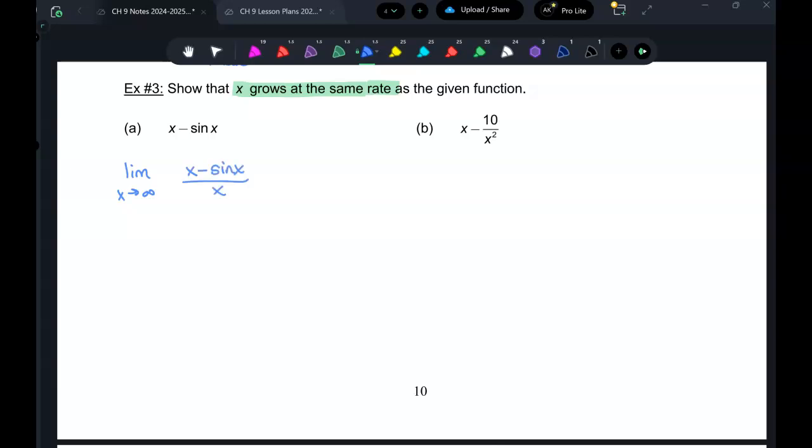I'm going to rewrite this: x over x minus sine x over x. Well, this one is just going to be 1, and this is going to go to 0. Because remember, if it's sine approaching infinity, it's just oscillating between -1 and 1, so we treat this as a constant. So it's going to be 1 minus 0.